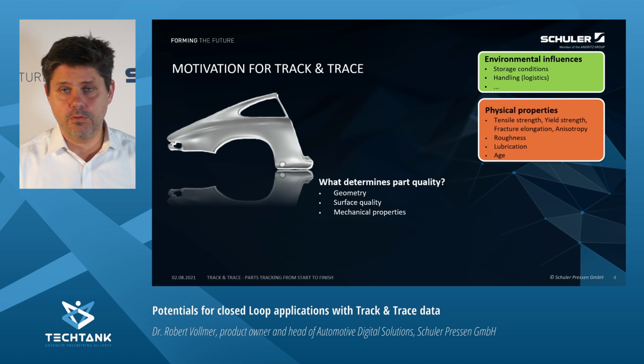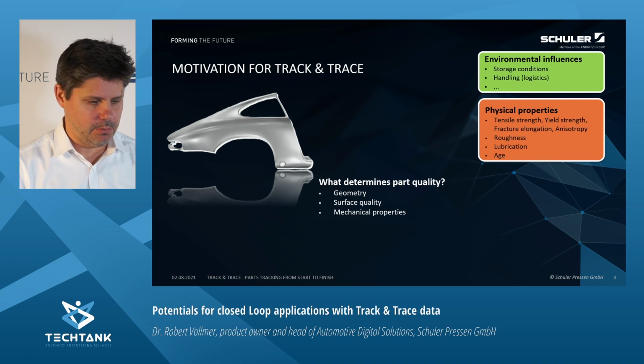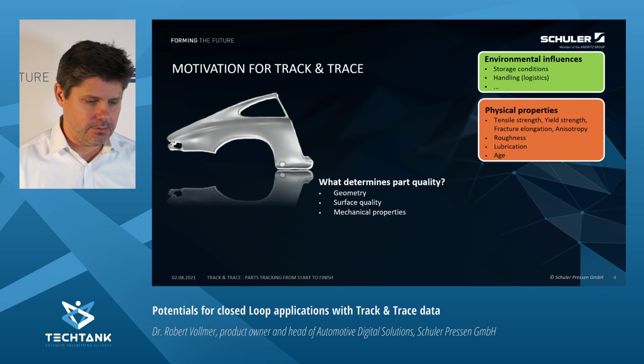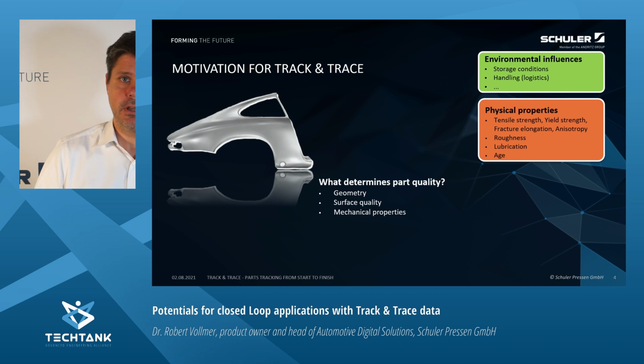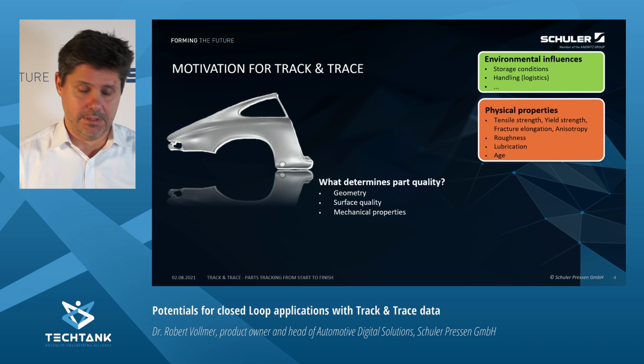Then we have, of course, the physical properties of the material, which strongly influence what is happening in the forming process. This can be material properties like the tensile strength, the yield strength, roughness, lubrication, or the age of aluminium, for example.